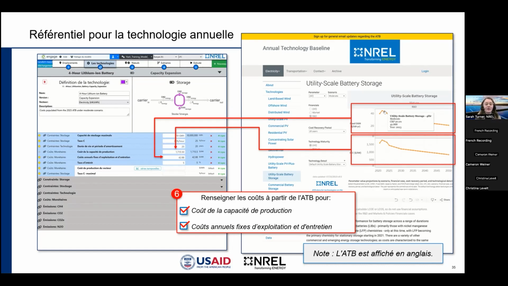If you would like to learn more about how the ATB makes these financial assumptions, as well as financial modeling scenarios, you can always read about the details on the website.